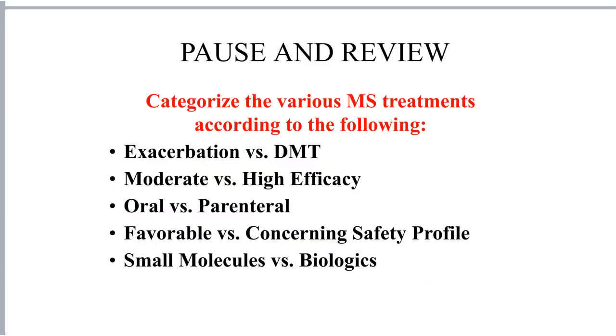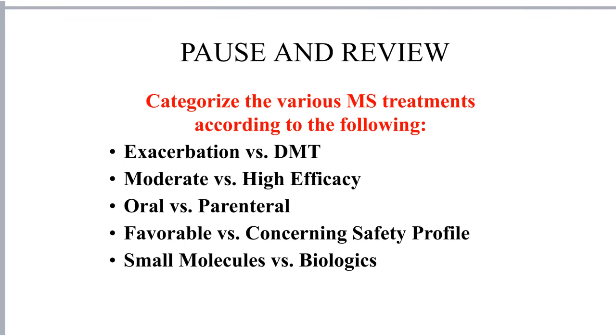Now is a good time to pause and review everything we've talked about related to the agents that are used in the treatment of MS. One useful way to learn similarities and differences between different agents is to categorize them according to various factors. So, for example, you could categorize the various treatments as exacerbation effective or whether they are a DMT.